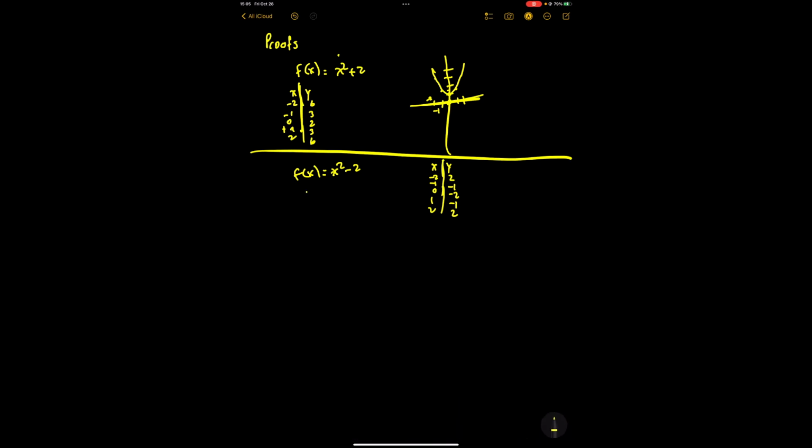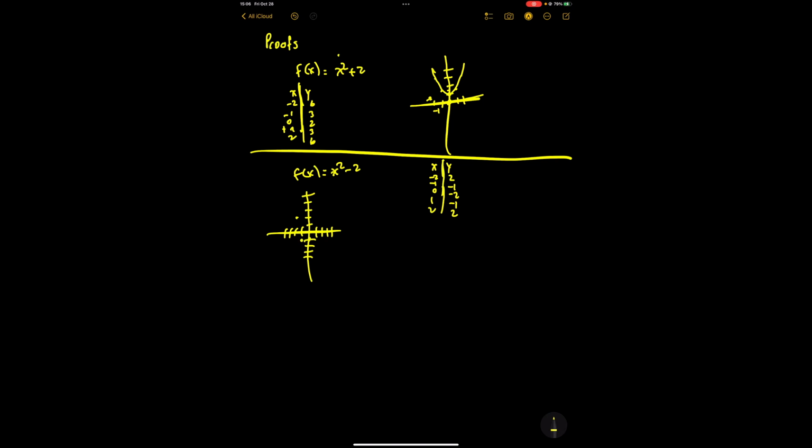We're going to have the graph right here. -1, -2, -3, -4, -5. 1, 2, 3, 4. So at -2, we're going to have 2, which is right here. At -1, we're going to have -1, which is right here.